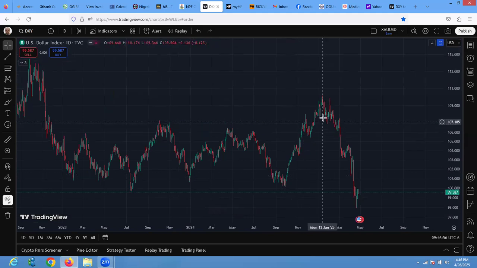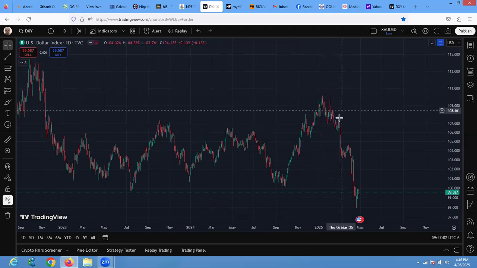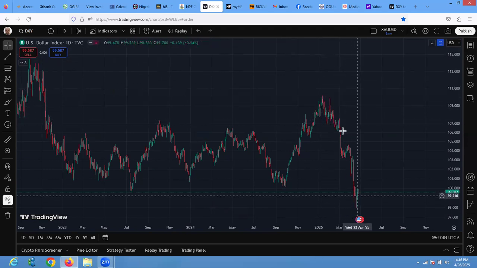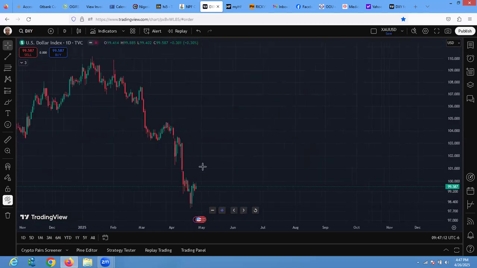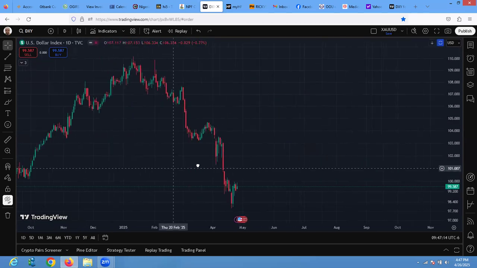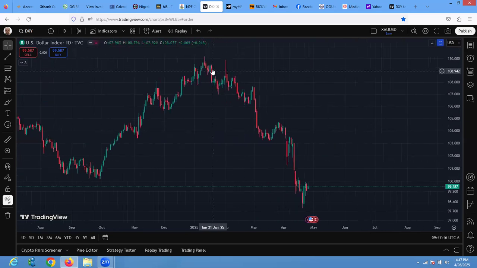This wave looks incomplete to me. We may have done a 1 and a 2 here, and this wave 3 looks complete now. This is a daily time frame. Wave 3 looks complete. I want you to see, like I said, this is a 1, a 2, then a 3.